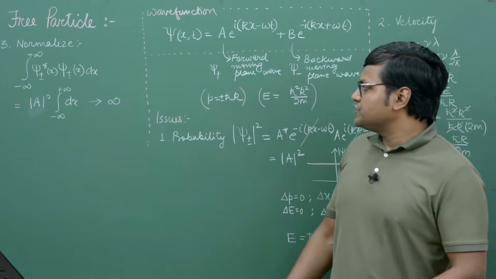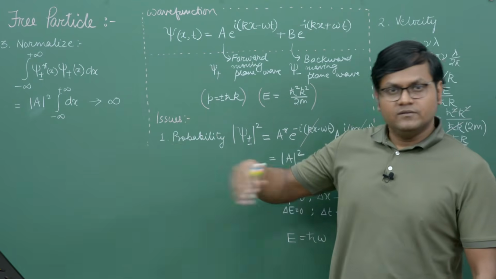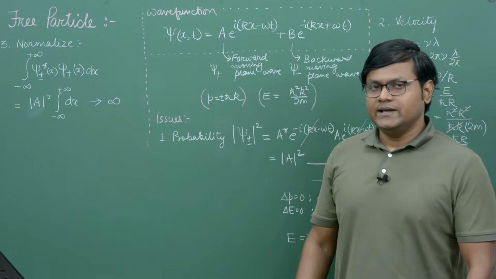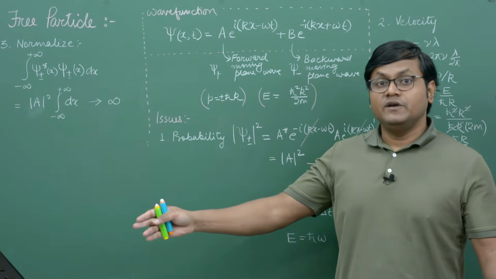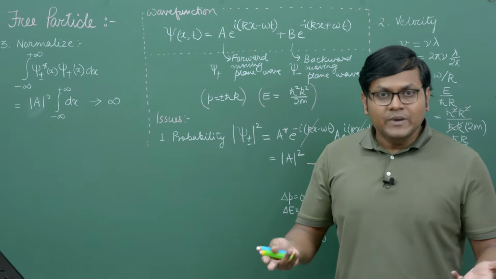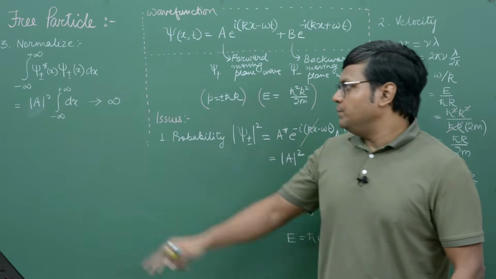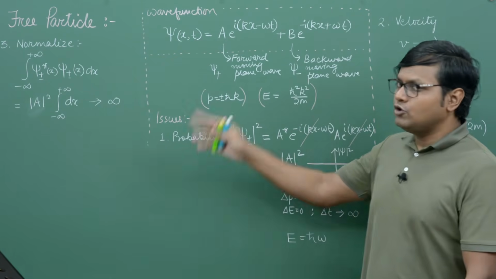And one of those restrictions is that it must be normalizable. It is not. This is what we get from the Born statistical interpretation, that the probability of the particle being found from minus infinity to plus infinity should always come out to be equal to 1. But because the wave function itself does not give us that information, that means there is something wrong with it.